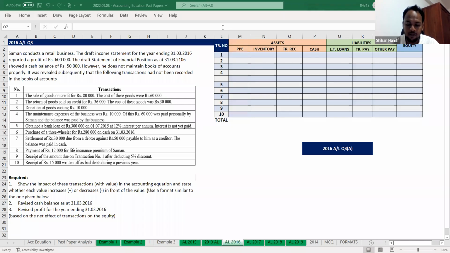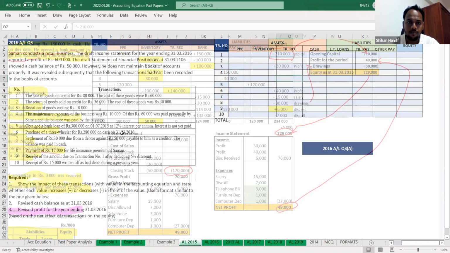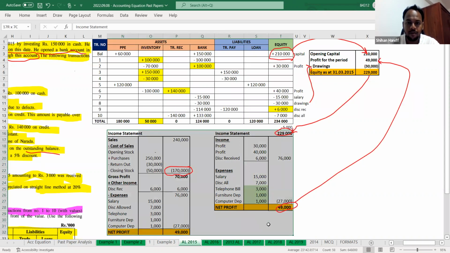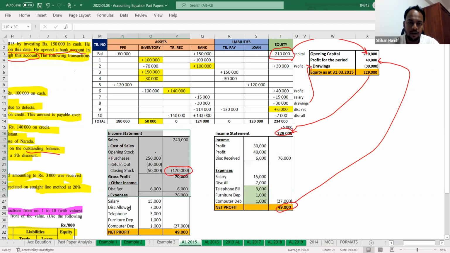There is a question on the previous past paper question. Do we need to do both methods? No, you don't need to do both methods. I was just explaining both the methods. This is easy. This explains the full complete format.